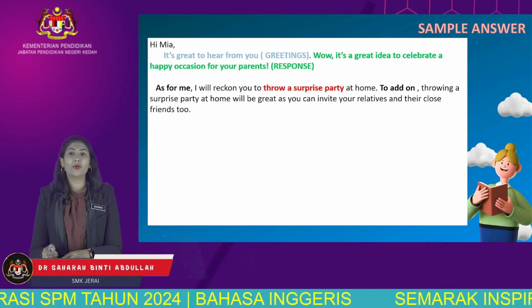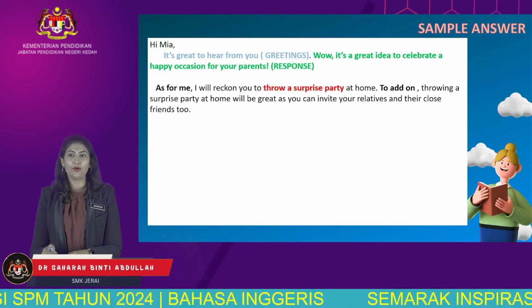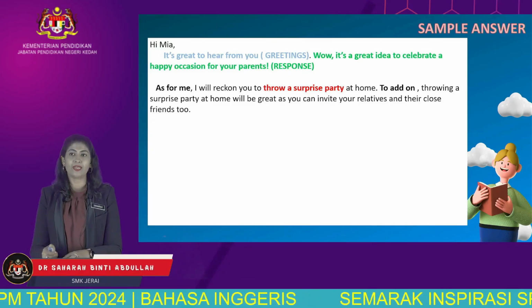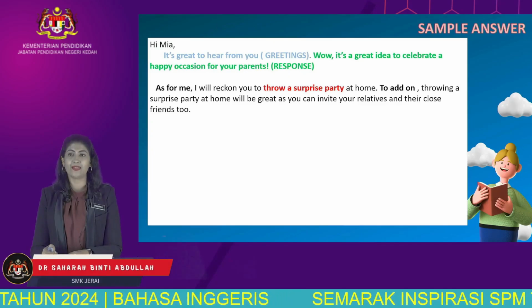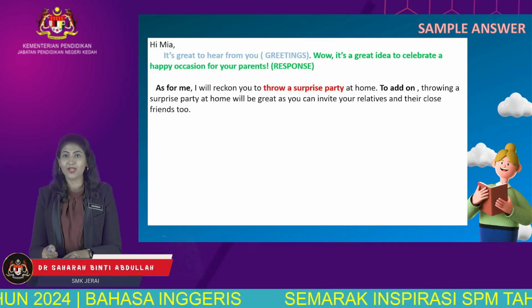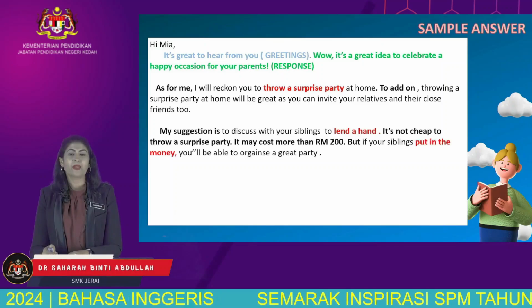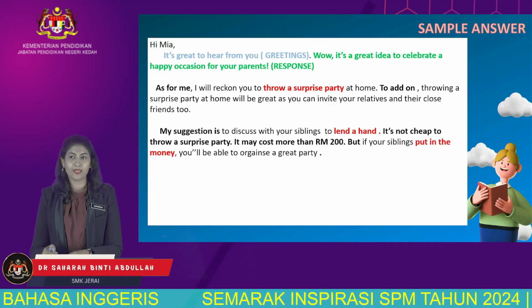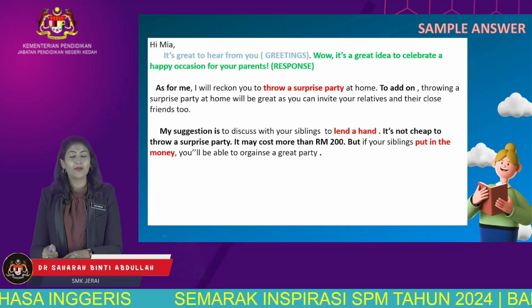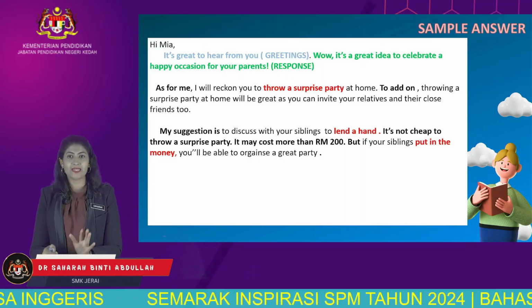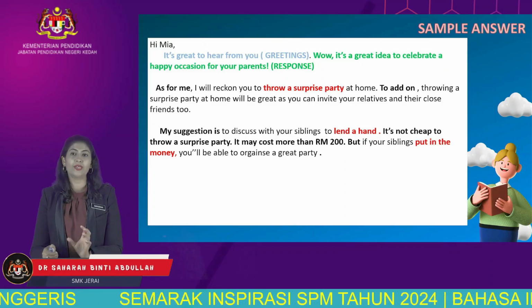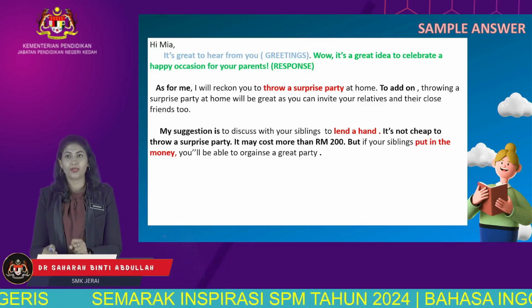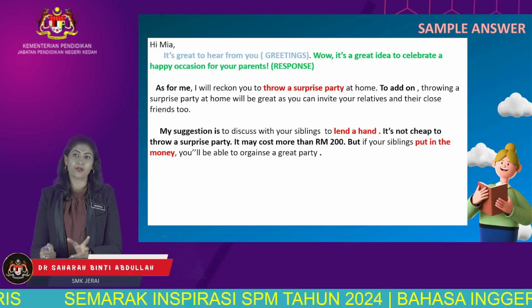"Throwing a surprise party at home will be great as you can invite your relatives and their close friends too." And then you look at this: "My suggestion is to discuss with your siblings to lend a hand." Remember, this is informal. When it comes to email, it is an informal kind of writing, so it's okay for you to use this kind of phrases.